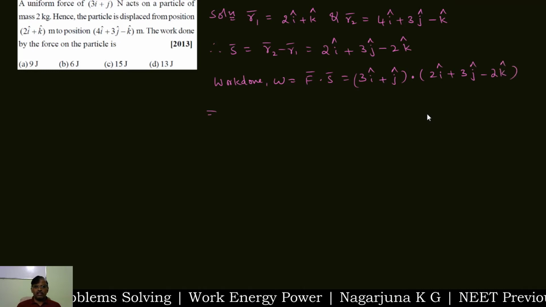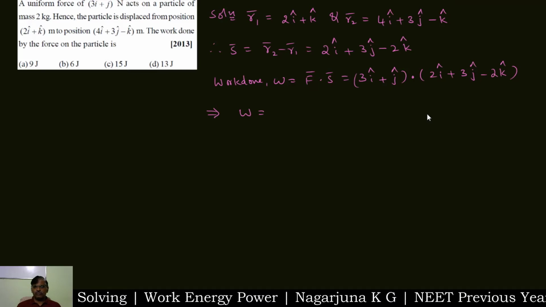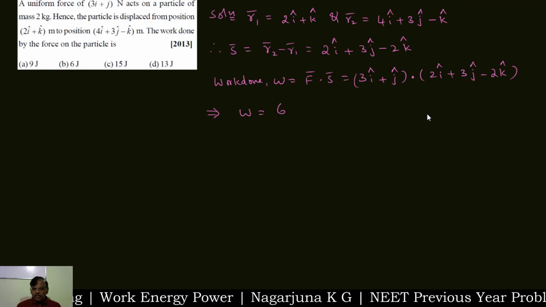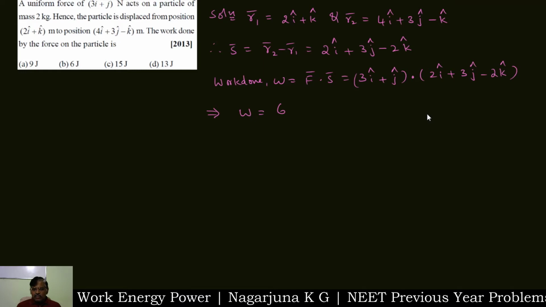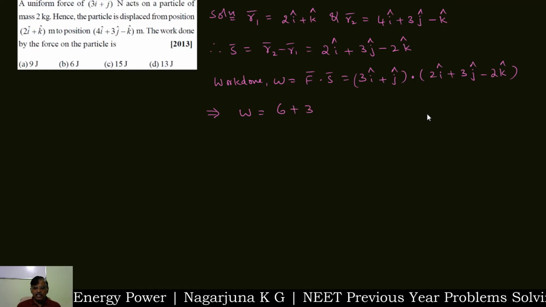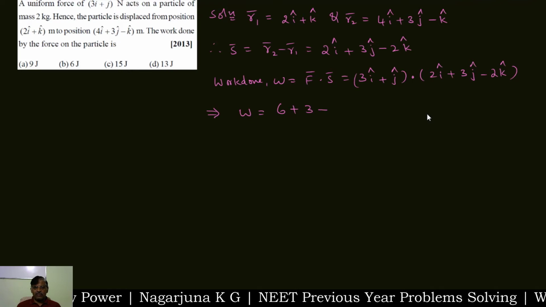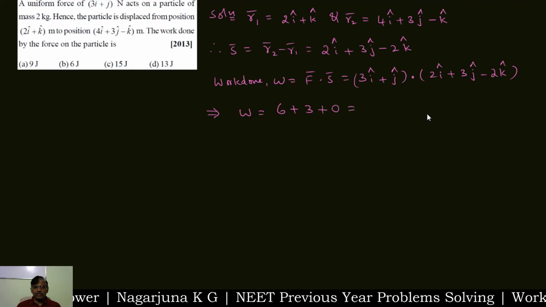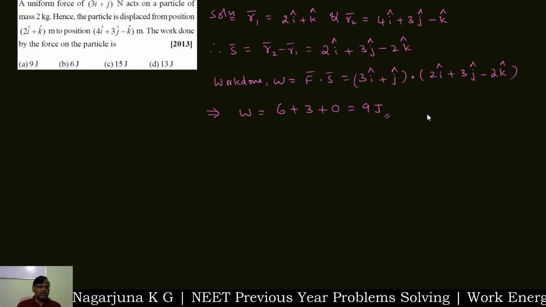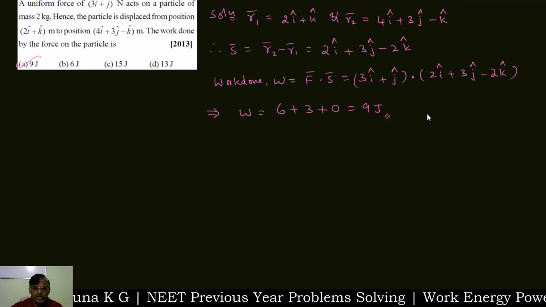So W is equal to 3 into 2, 6, plus 1 into 3, which is 3, and no k term in the force vector, so 0. That is equal to 9 joules, the work done. 9 joules is option A, the right option.